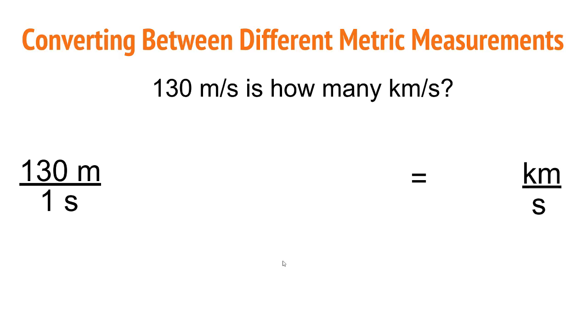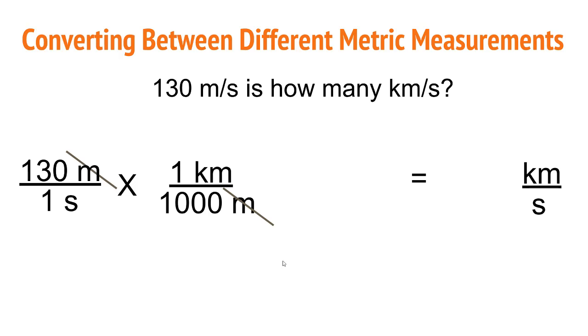But it looks like I'm going from meters to kilometers, so I'm going to multiply by the distance conversion. 1 kilometer is 1,000 meters. Again, the reason I'm putting the 1 kilometer on top and 1,000 meters on the bottom is because I want to cross reduce the meters.